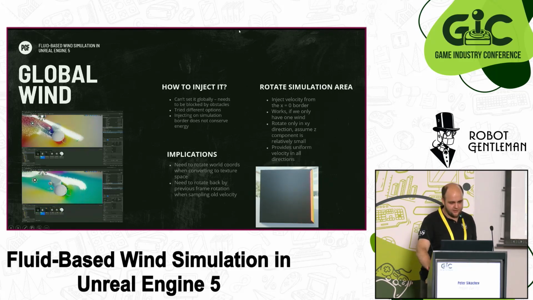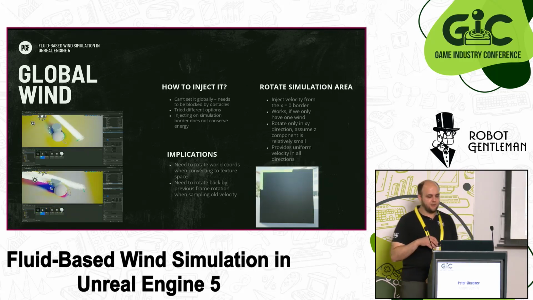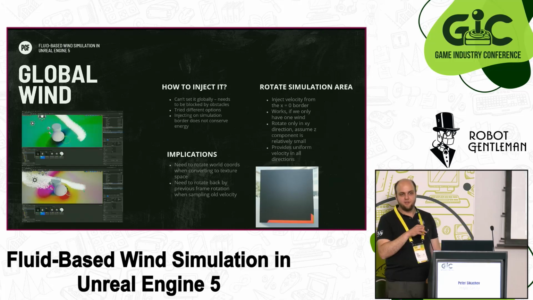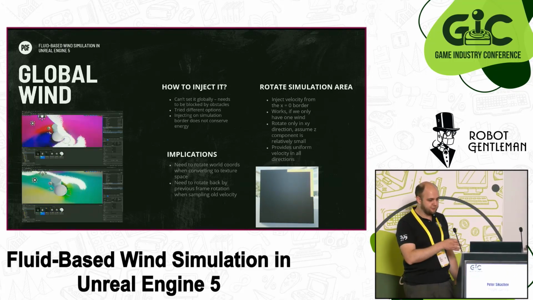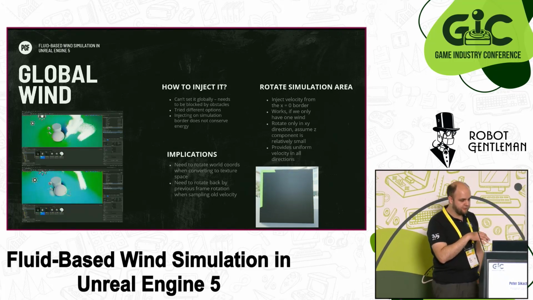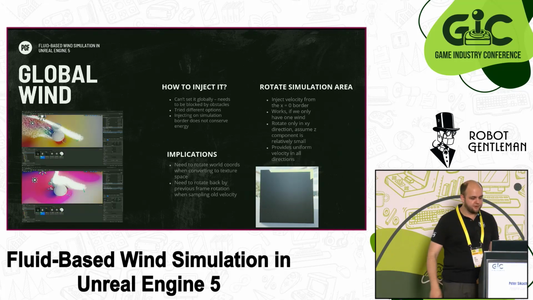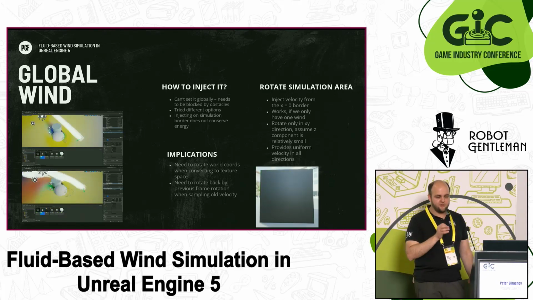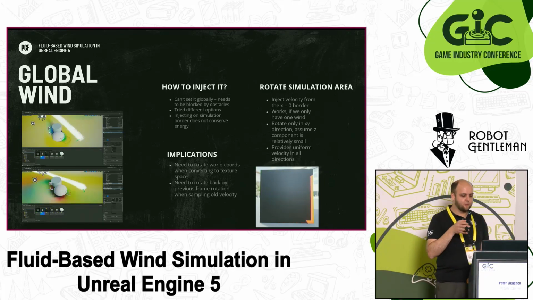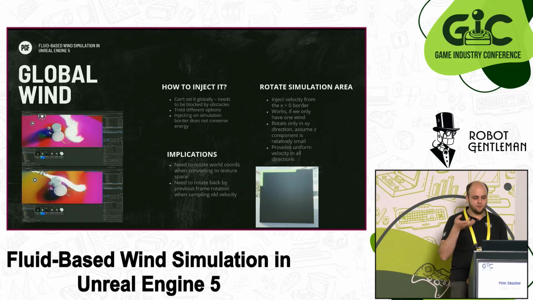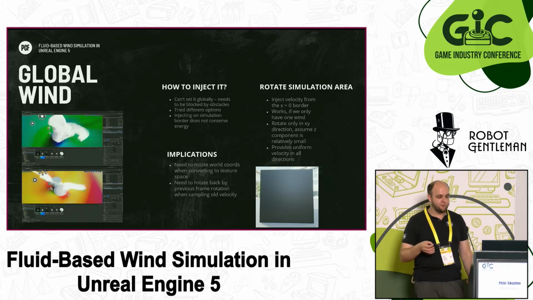Okay. So this is the biggest takeaway and the biggest point in this whole presentation, the biggest incremental improvement over existing stuff. So what is the problem? The problem is that we cannot set it globally, because we want it to be blocked by obstacles.